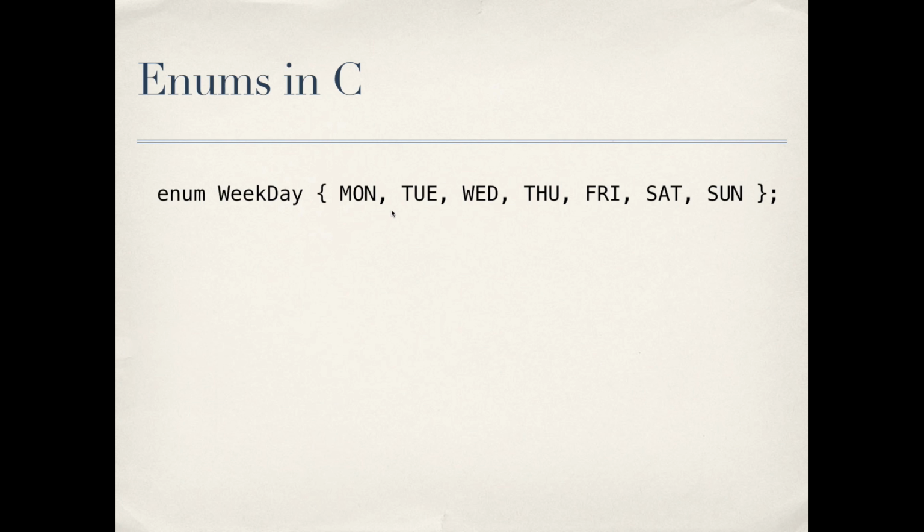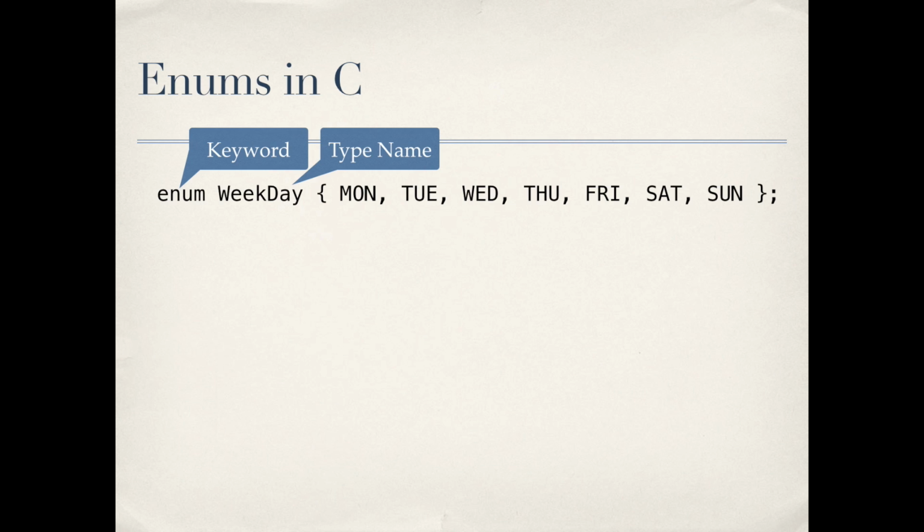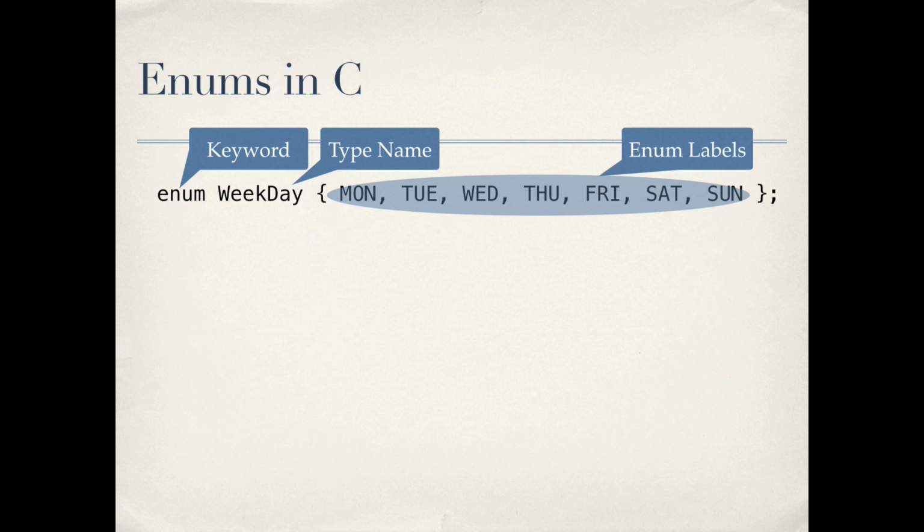To define such a data type, we have to write down the keyword enum, then we give the type name, how we want to call this type, and then we have the so-called enum labels.